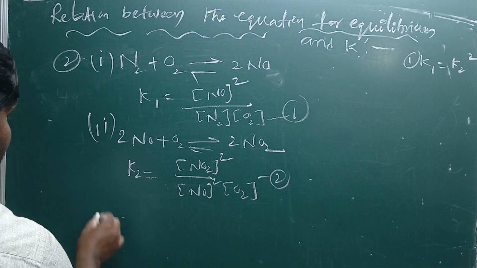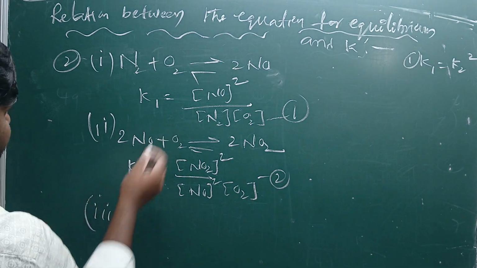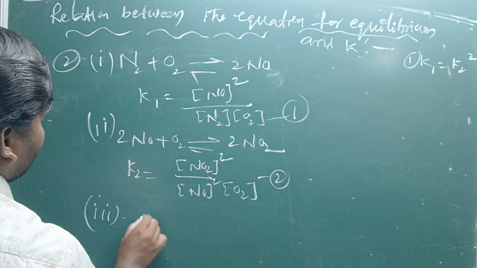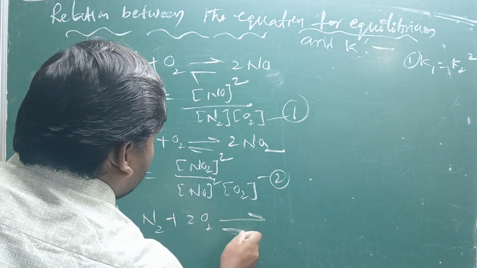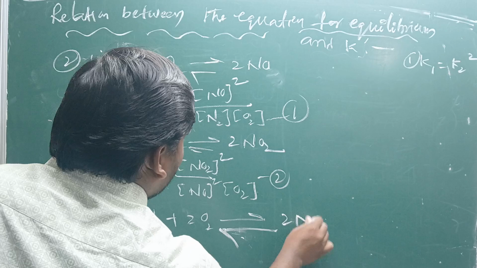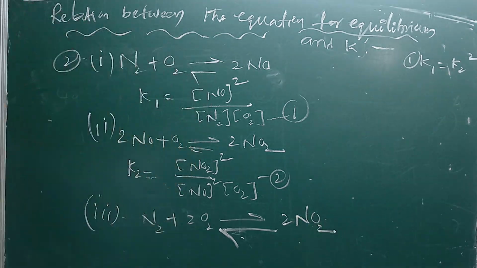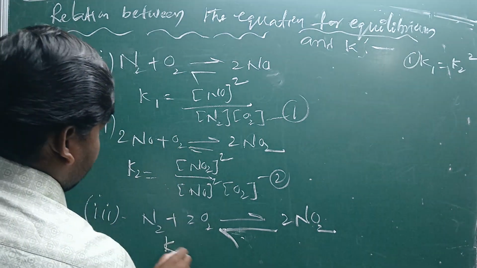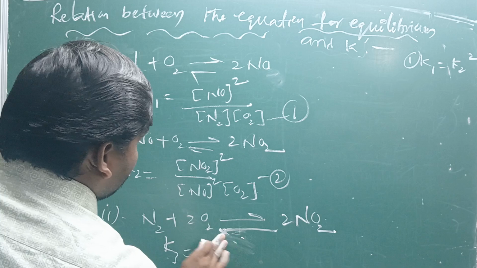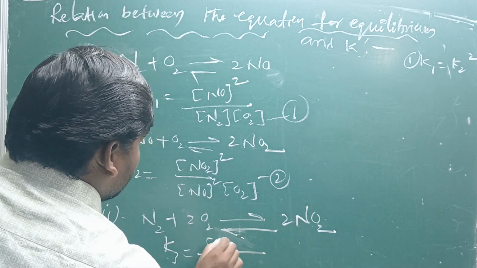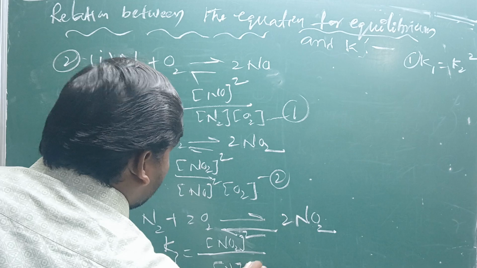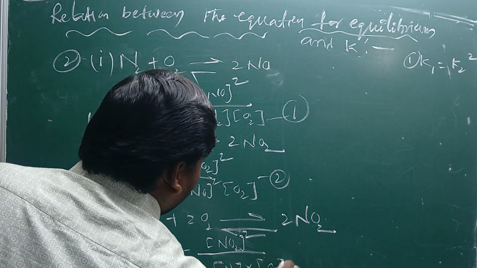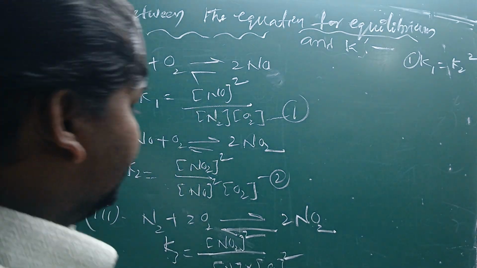If you take equation 3, that is N2 plus 2O2 gives rise to 2NO2. Here K3 is equal to concentration of NO2 whole square by concentration of N2 into concentration of O2 whole square.